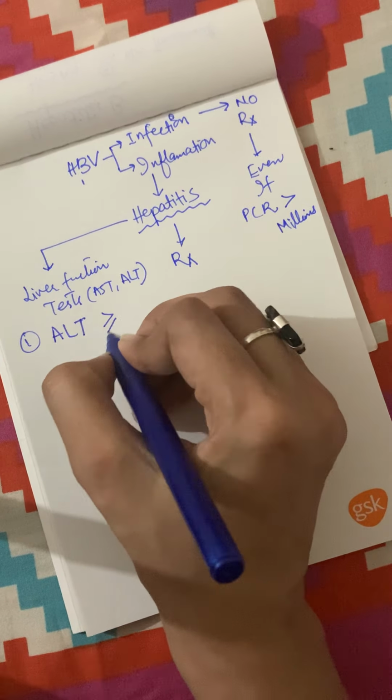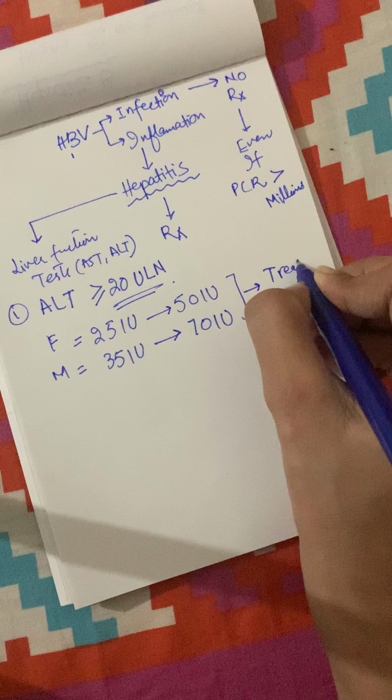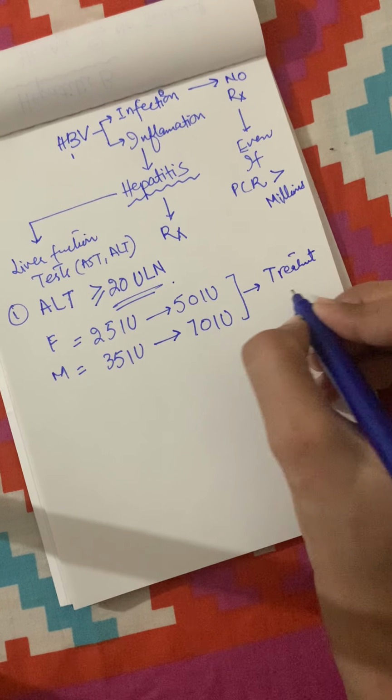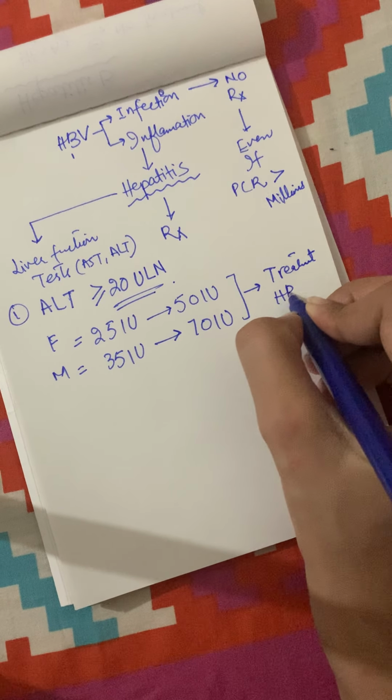In the case of females, the upper normal limit is 25 international units. In males, it is 35 international units. So if it becomes 50 international units in females, or 70 international units in males, then we have to treat the hepatitis B virus.